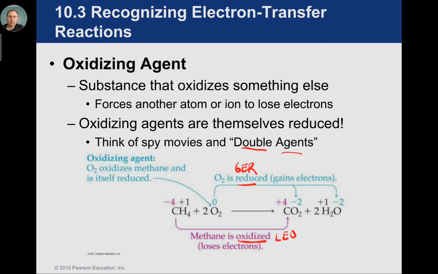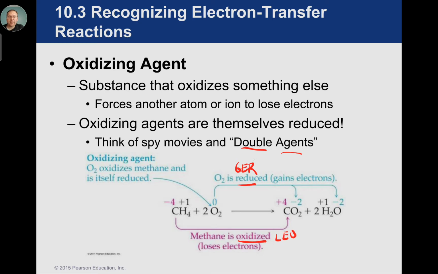But in order to be reduced, you're forced to oxidize something else. So it's like a spy movie where you have a double agent. It's working for the side of reduction because that's what it wants, but it's forcing other people to reveal their secrets, to be oxidized as a result.